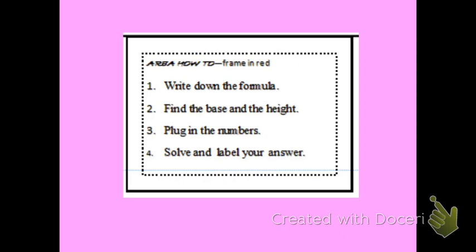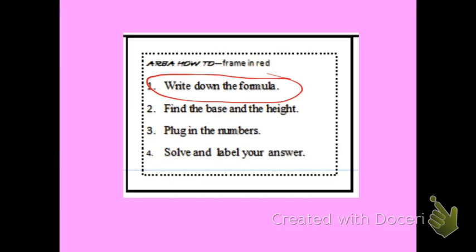All right. Now, this is on the front of your foldable, and the first step on here is the most important thing for you to do. So please circle it. It says, when you are solving an area problem, the first thing I want you to do is write down the formula. Now, some of you are going to say, I don't need to do that, but there are two reasons for you to do it, so please listen. The first reason is it will help it to sink into your brain.